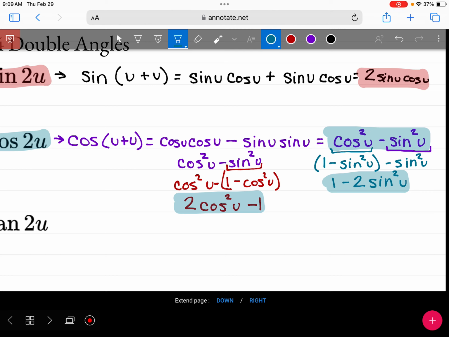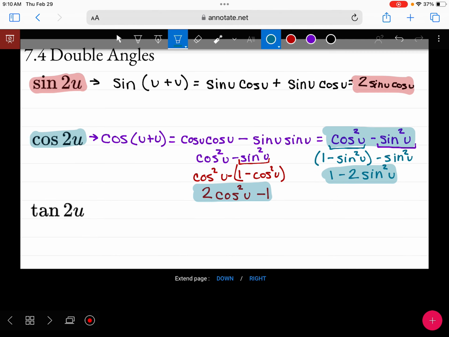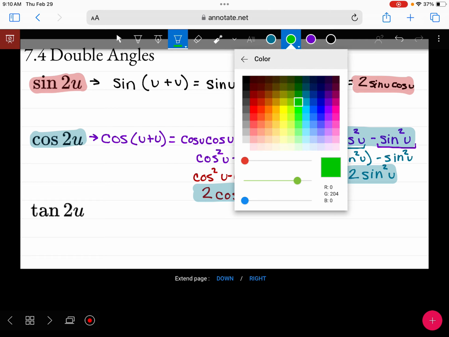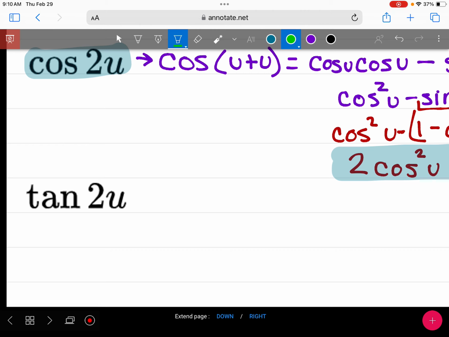All right, so our last one is tangent. Tangent's a little bit grosser because it has that fraction, but we can do it because we're awesome like that. Let me get a different color. There we go. So we're going to, again, do this as the tangent of u plus u.